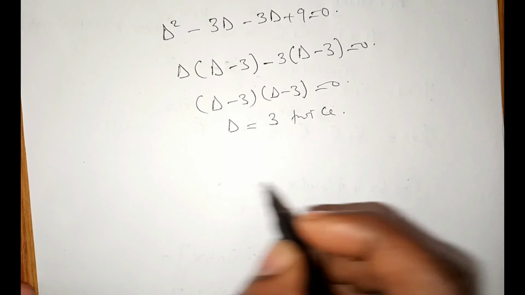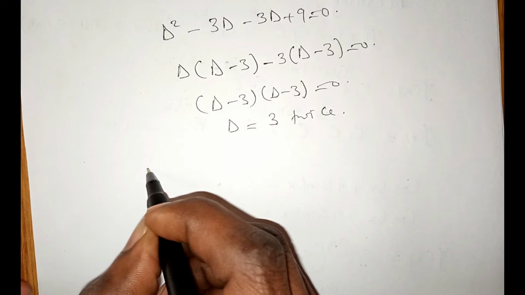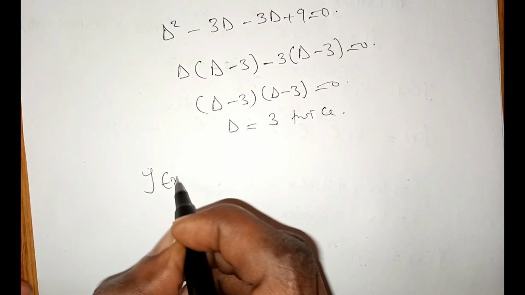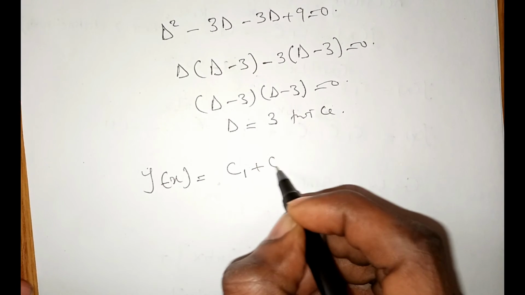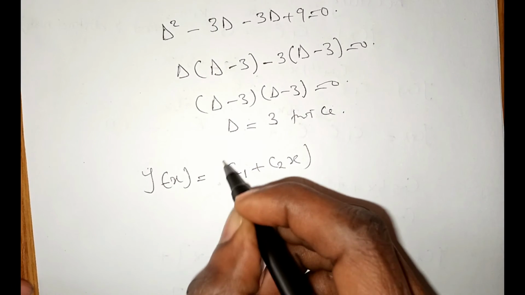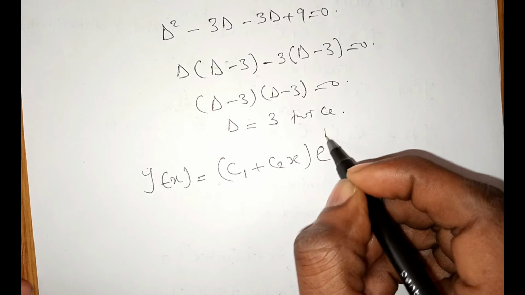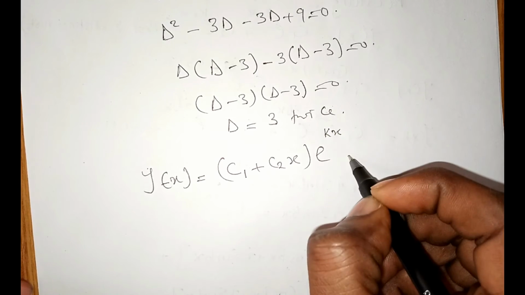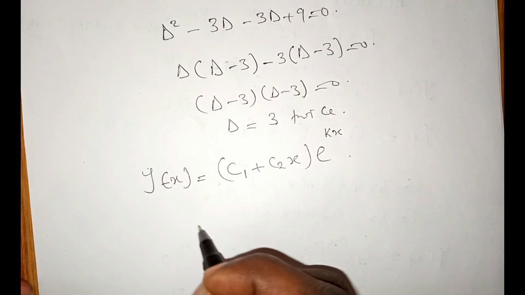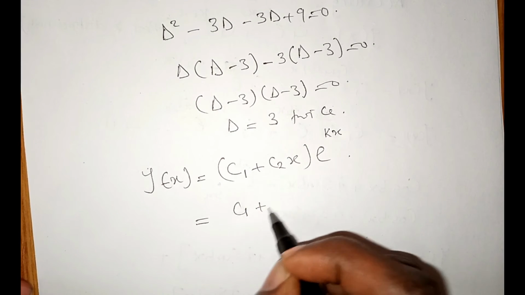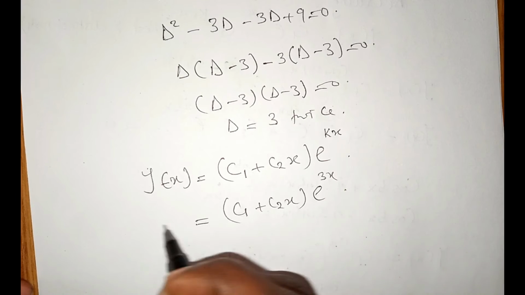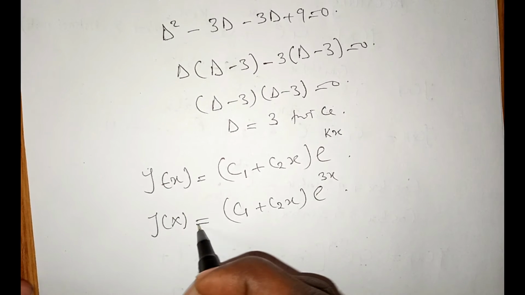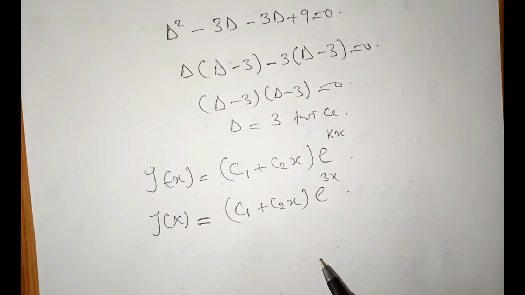And then using the solution we discussed at the beginning of the video, y of x for a real and repeated root is equal to c1 plus c2 times x exponential kx, where k is the root, and this implies that c1 plus c2 of x exponential 3x is the solution for the differential equation.